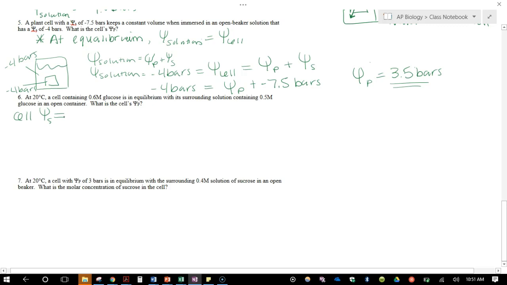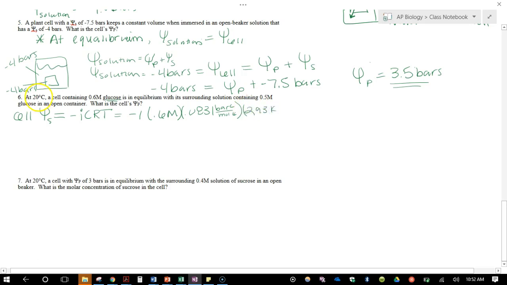I've been going too long. Okay, so this is going to be negative iCRT, and this is going to be negative 1, because we're dealing with glucose, and glucose does not ionize, times 0.6 molar, times 0.0831 liter bar per mole Kelvin, times 293.